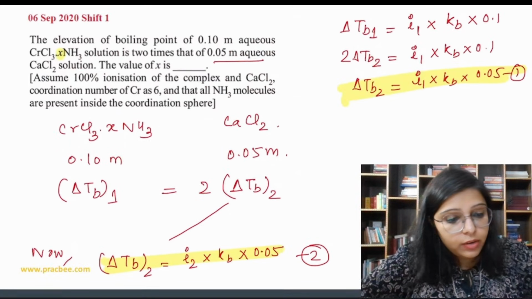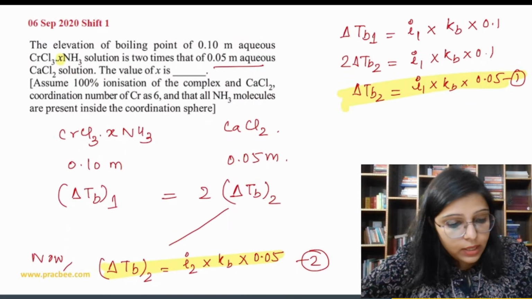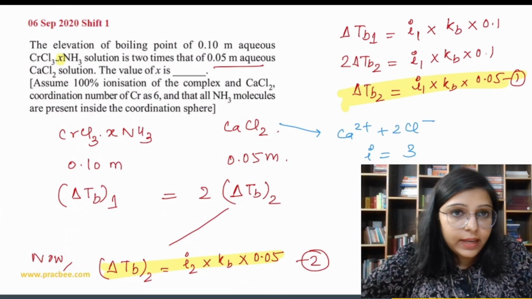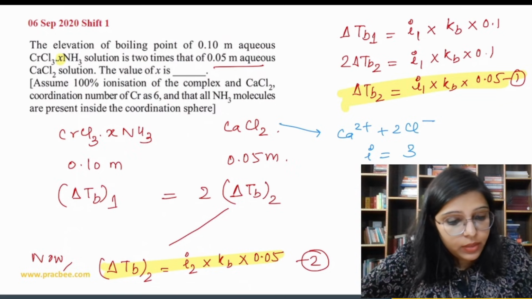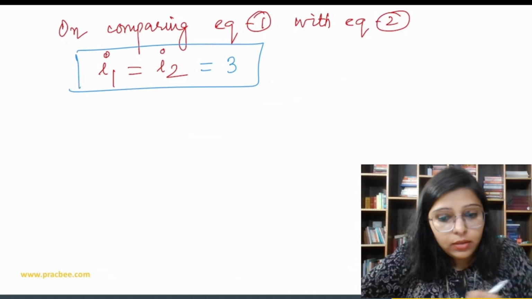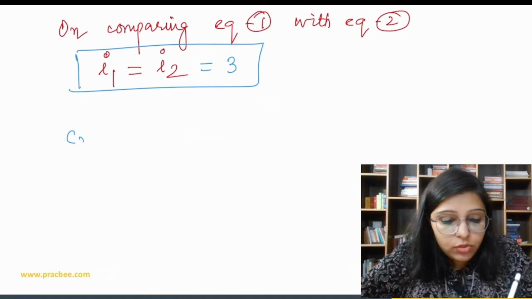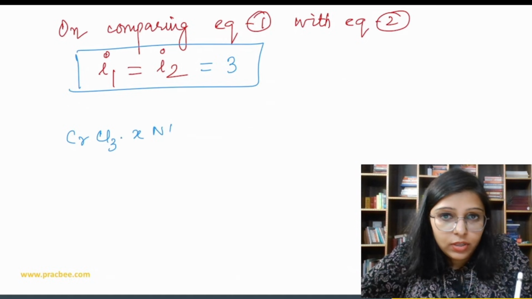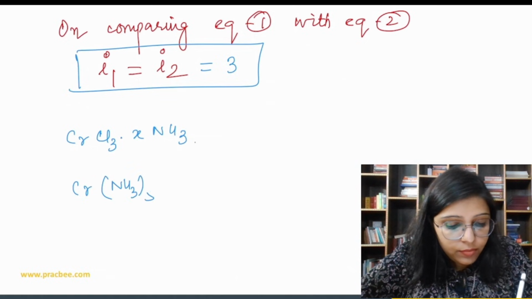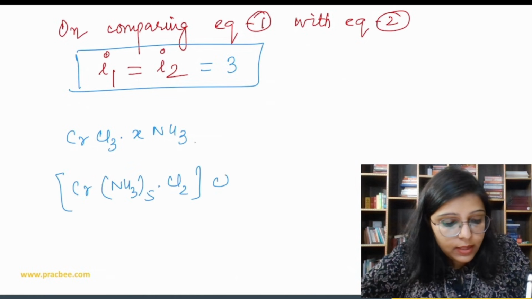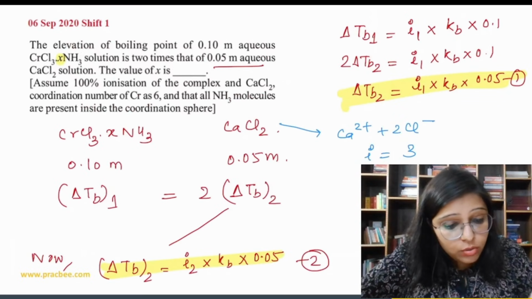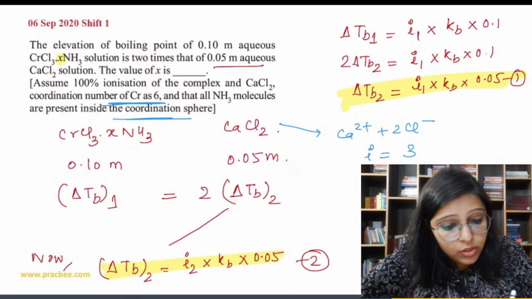Now I2, how to find out the value of I2, beta? So see I2, Ca2 plus and 2Cl minus. So we get 3 ions na. So the I value is 3. Right. Now if it is equal to 3, so we have CrCl3.xNH3. So in order to get 3 ions, we should be having [Cr(NH3)5Cl]Cl2, not [CrNH3Cl2]Cl. And the question also says the coordination number is 6.